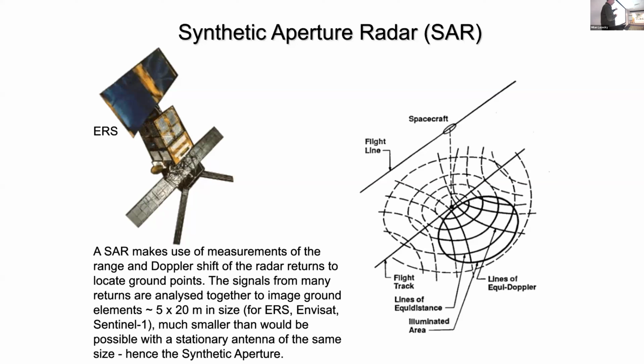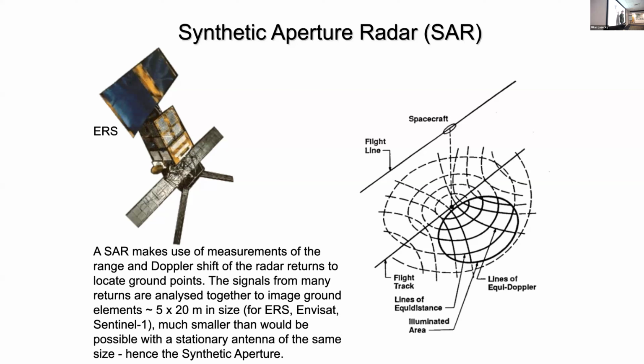The same happens with light and with radar waves. If you're on one of these lines, you're on the same equal Doppler. So you can split your echo that comes back in terms of the frequency and the time to give you exactly where it might be.